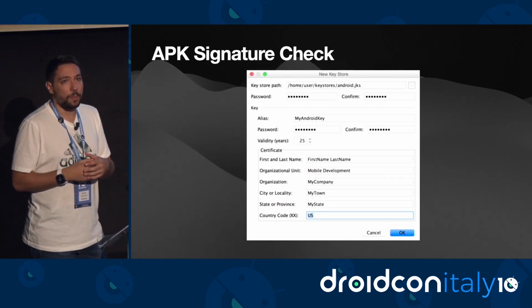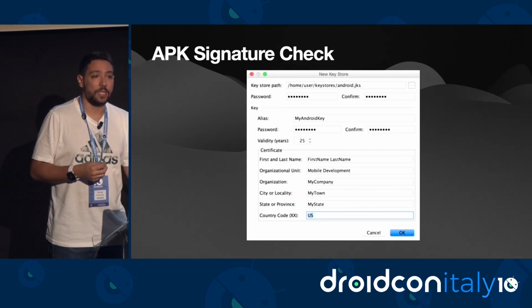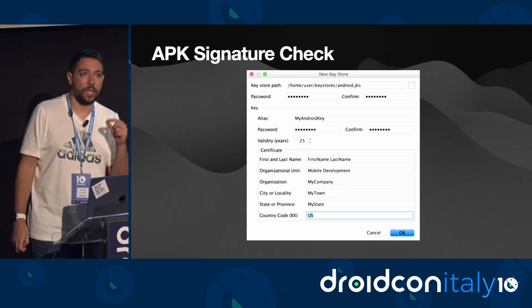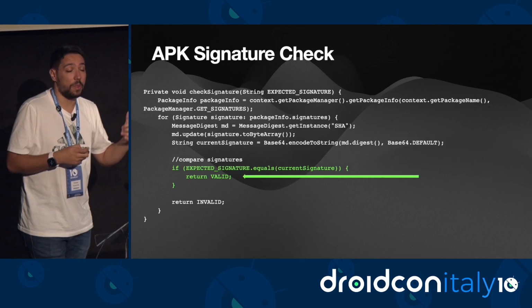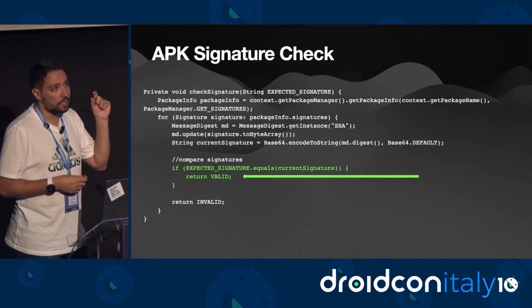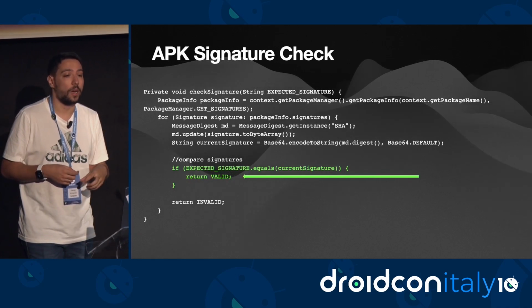When we're signing an application, the application gets that key, and then it has the hash of that key that got signed. So anytime the Android application runs, we can check what key was used to sign the application that's running right now.